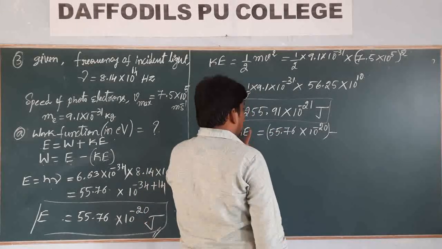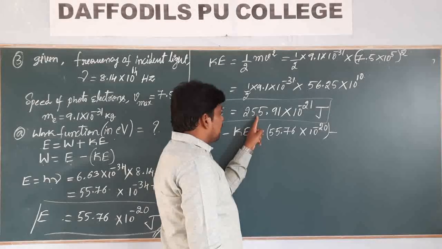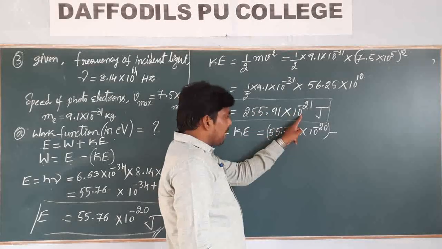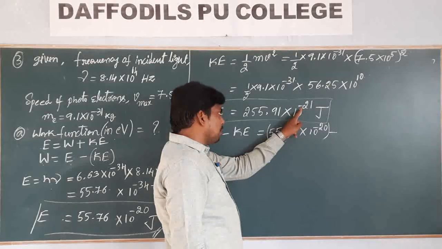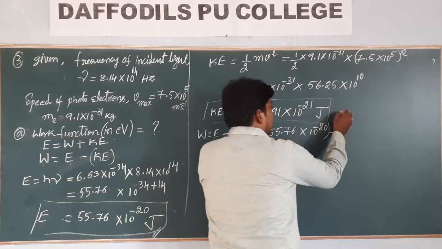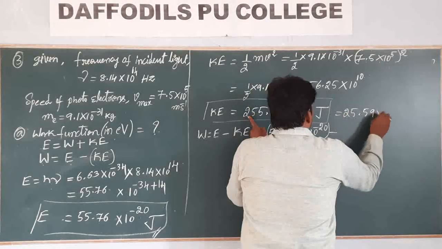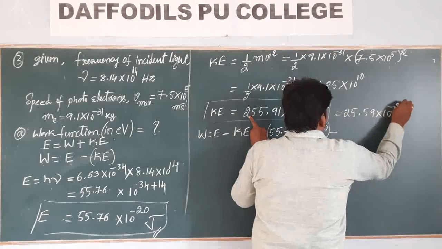What is the value of kinetic energy here? 255.91 into 10 to the power minus 21. Can we make it in terms of 10 to the power minus 20? Yes, we can. That will be 25.59 into 10 to the power minus 20.